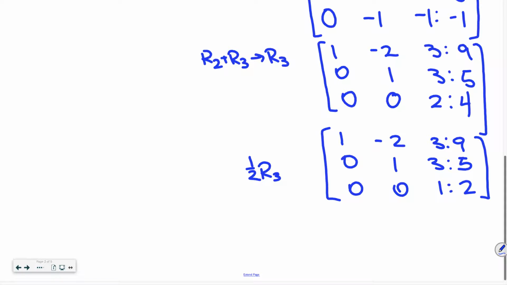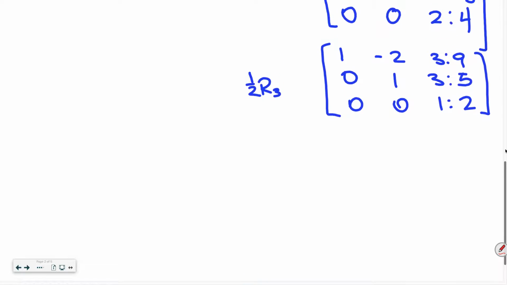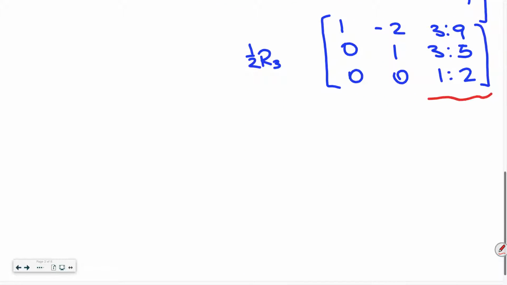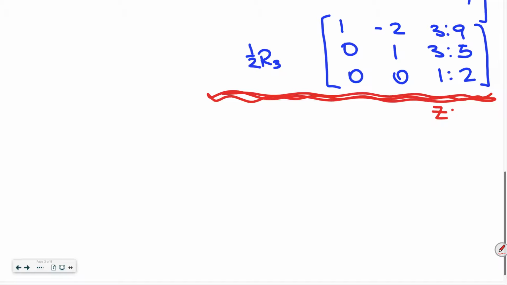Okay, now I gave you this matrix, but let's say it represented a system. If it represented a system of equations, what does this mean right here? Z equals 2. This row right here would mean y plus 3z equals 5.